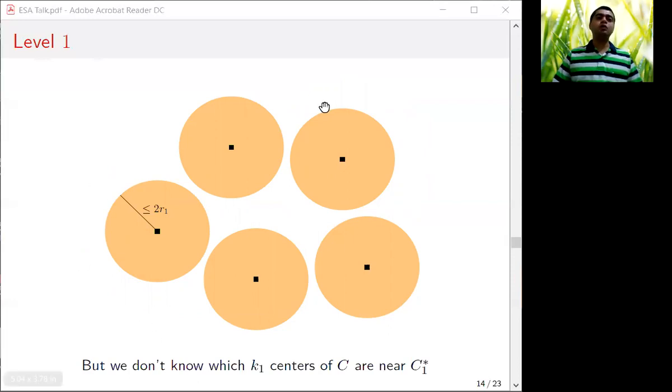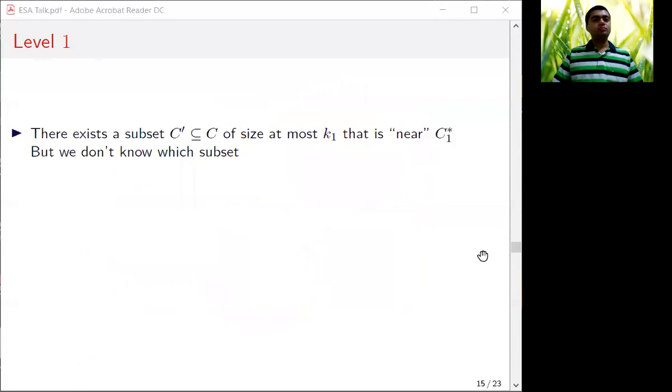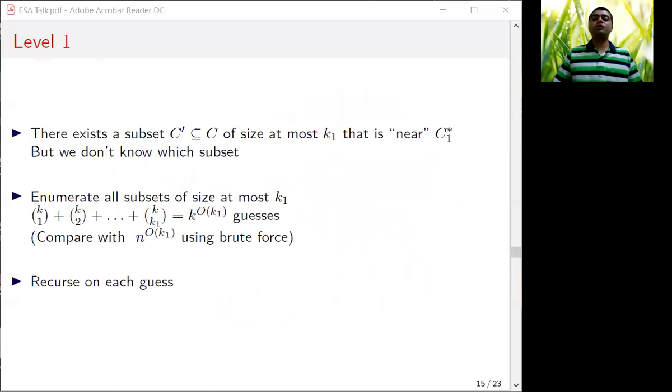But our picture looks like this, so we don't know which subset is relevant. We know there's some subset of size K1 which is relevant, but we don't know which one, so we'll just try all of them. There are K to the order K1 such subsets, and we make a recursive call to the algorithm at level 2 on each of these guesses.